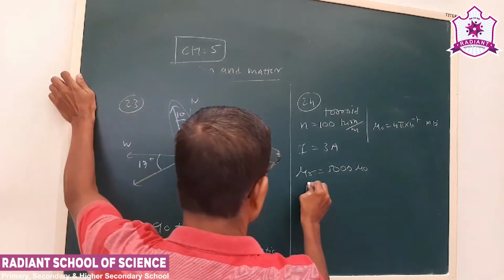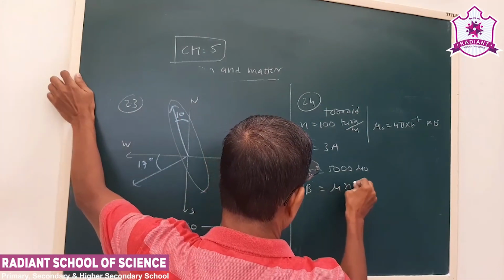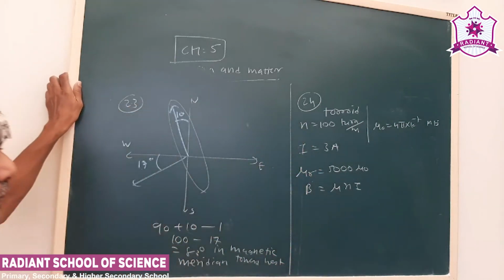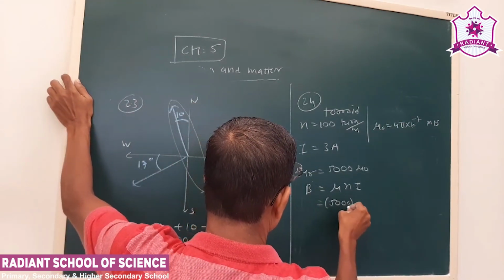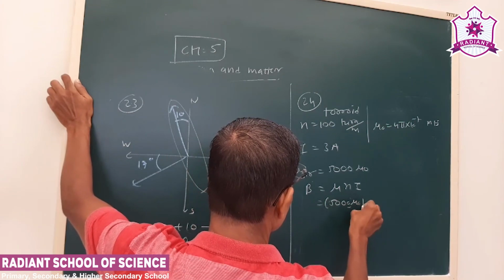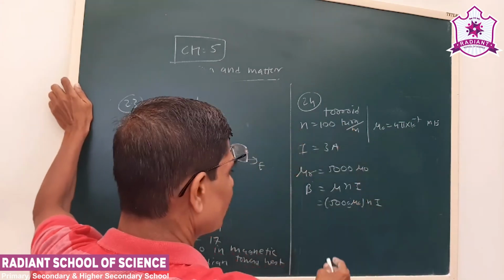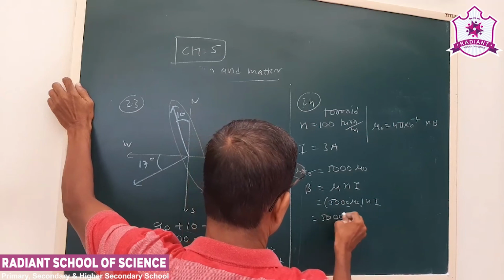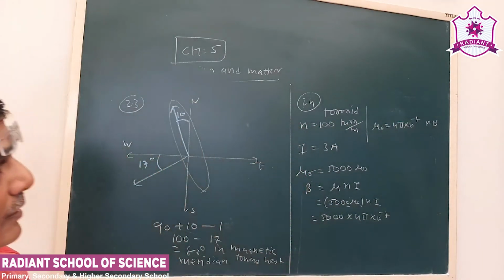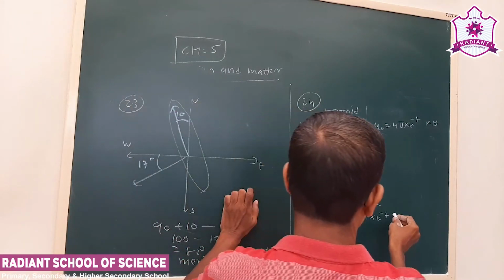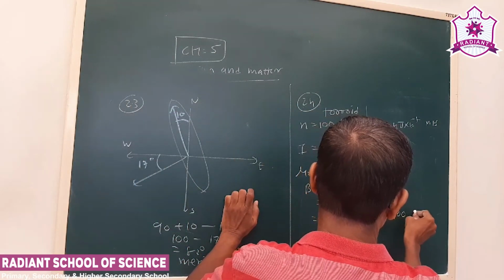Now see here, mu, n and I. Mu is 5000 mu 0, and n is the number of turns, 100. Mu 0 is 4 pi into 10 to the minus 7. The current value is 3 ampere.